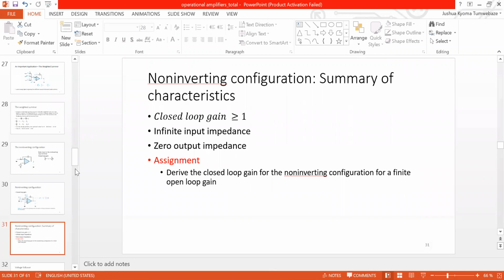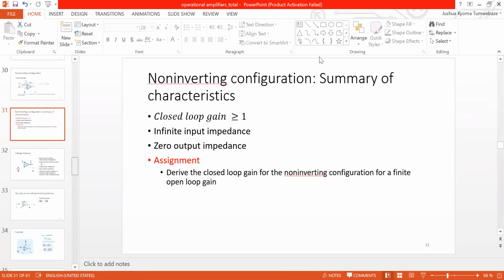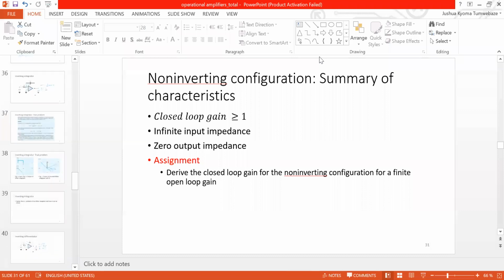So tomorrow we'll start with the voltage follower, continuing with non-inverting, and we'll also look at the differentiators and integrators, their limitations. And hopefully in the coming week, we'll be able to conclude with the non-ideal characteristics.